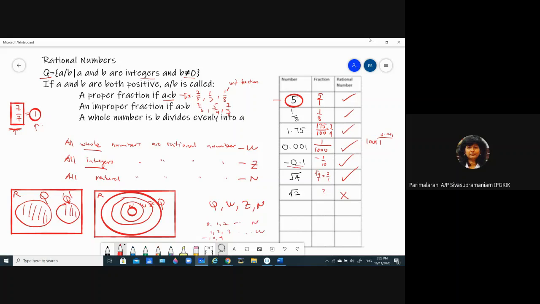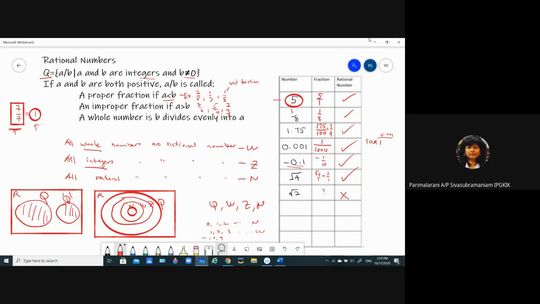Inside rational numbers, you have whole numbers, integers, natural numbers, all inside here. Everything that's not inside here is inside irrational numbers. Together, they constitute all of real numbers. Okay? Can I understand until now? Okay, so far? Any questions?